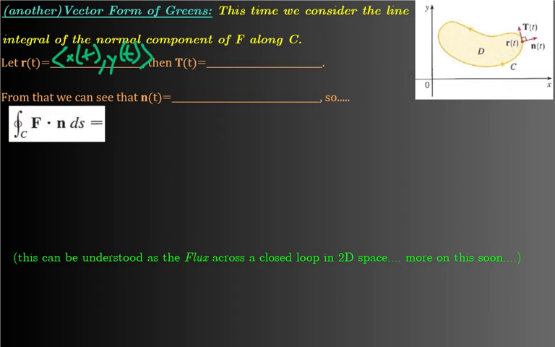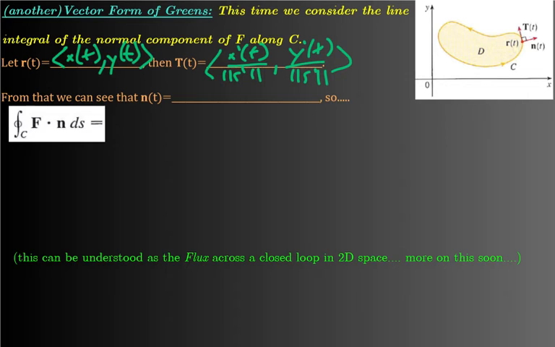And then the unit tangent would just be x prime of t over the magnitude of r prime, comma y prime of t over the magnitude of r prime, right? That's just normalizing the vector r prime of t.